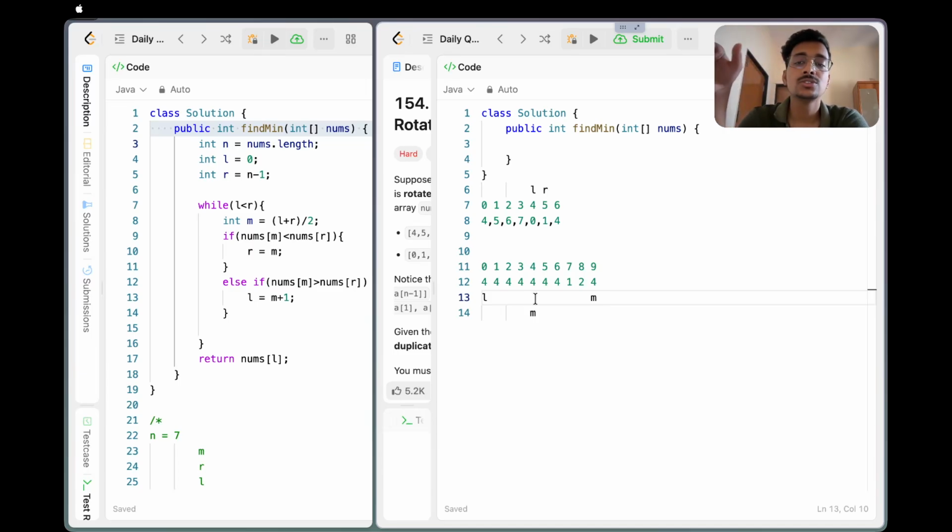If 4 is equal to this range and 4 is also equal to this range, then what will happen? If mid is equal to r, this range will have the answer, right? There will be only one scenario where it is rotated and then coming again.